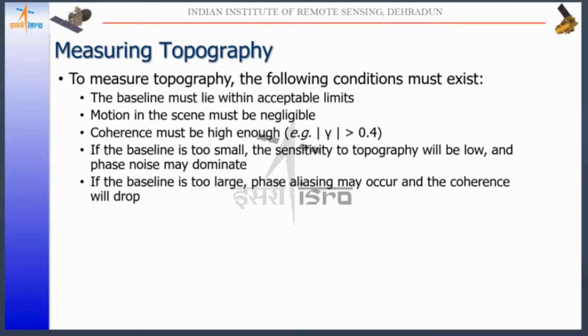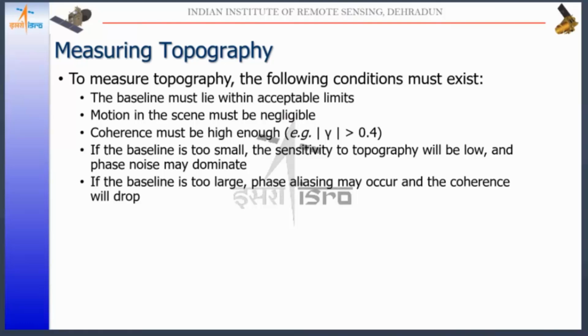For the baseline limit, the sensitivity of the baseline to height changes increases with increasing length of the baseline. So if we have a lower baseline, then the height variation sensitivity will decrease. Okay, so for better sensitivity to height, we should have a larger baseline. But how much?